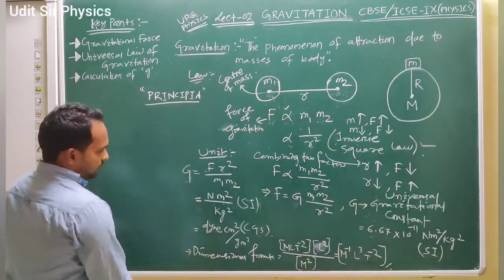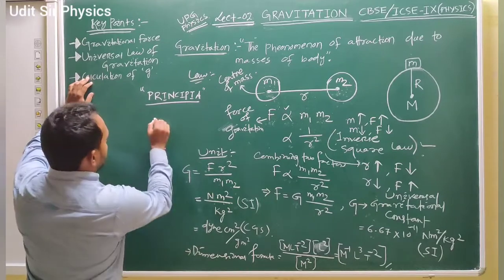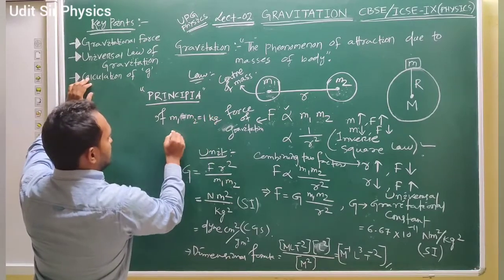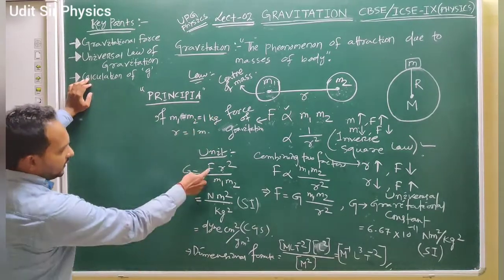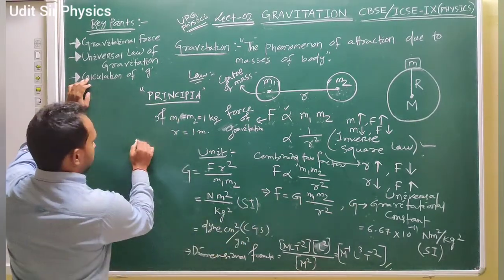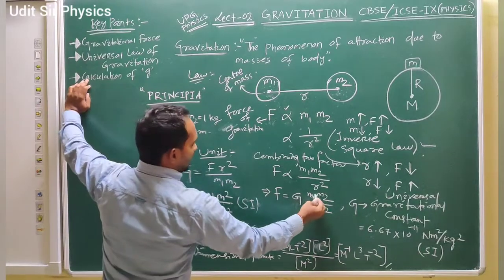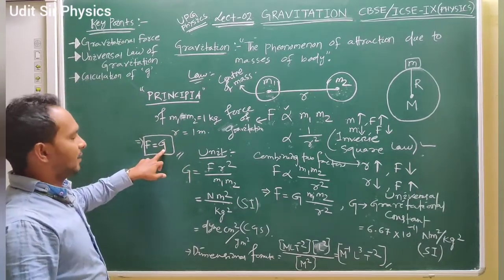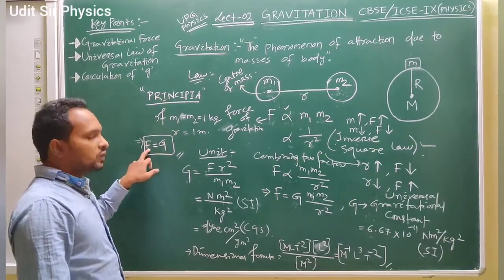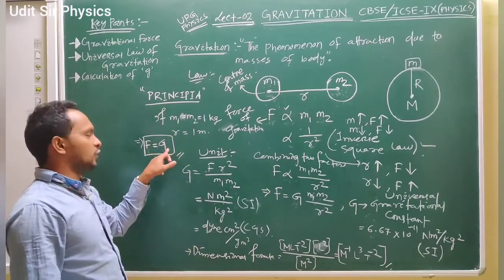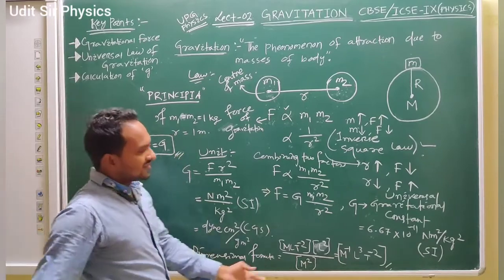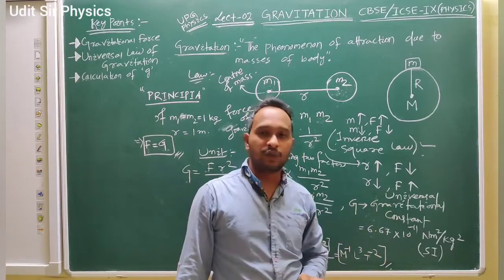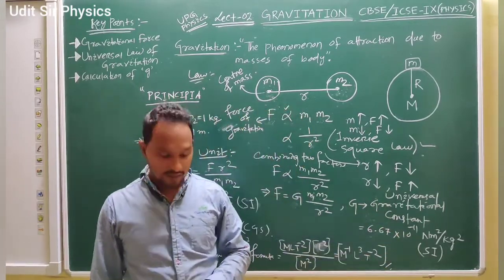Or if you put m1 equal to m2 equal to 1 kg and r equal to 1 meter, then F equals 1 into 1 by 1, F equals G. Means the universal gravitational constant may be defined as the force of gravitation between them. That's why it is called the universal gravitational constant.